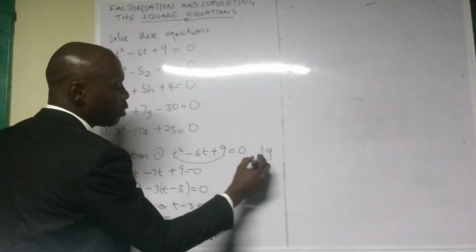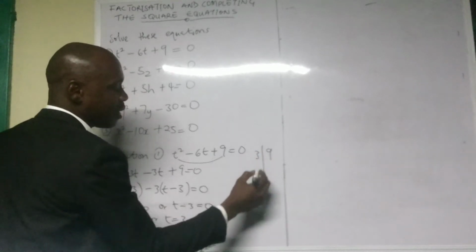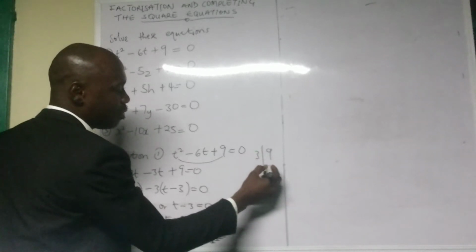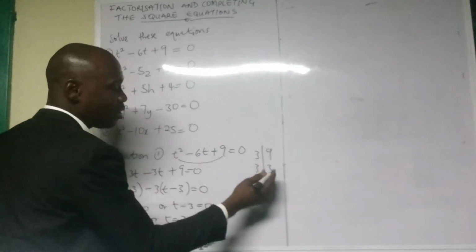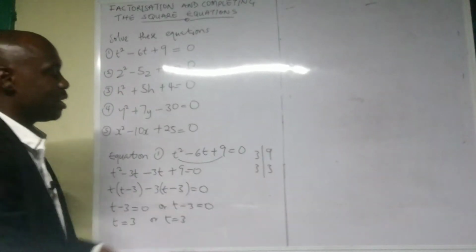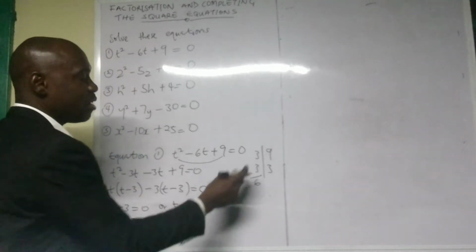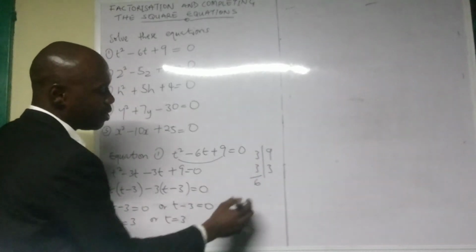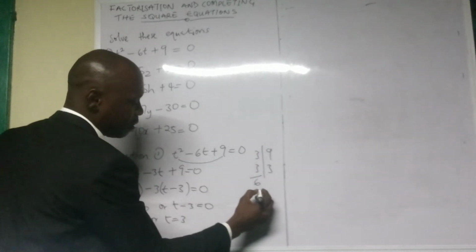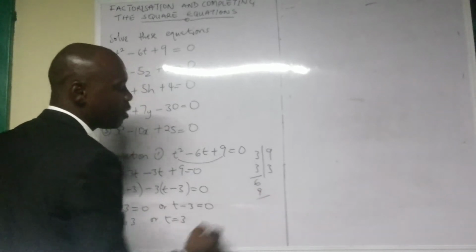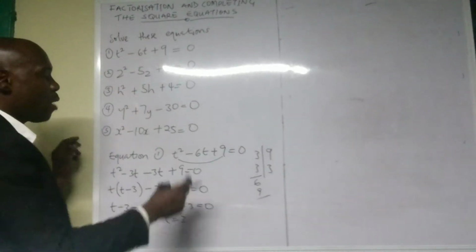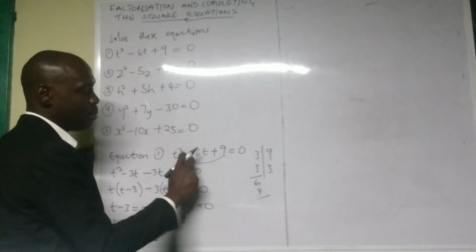Let's use this method. 3 can go in 9, and 3 in 9 is going to give 3. If you add 3 plus 3, it is going to give you 6, and if you multiply 3 times 3, it is going to give you 9. But how will we arrive at minus 6?